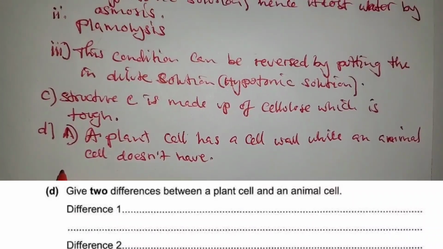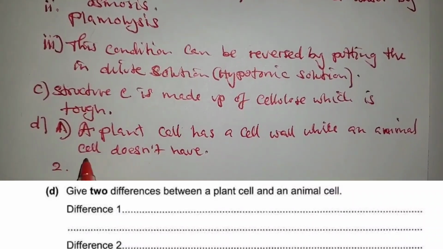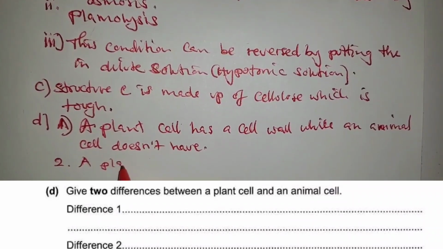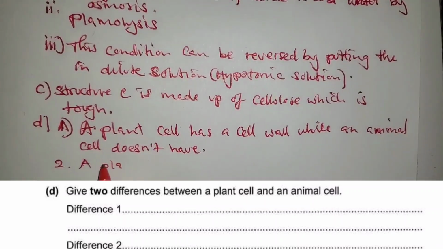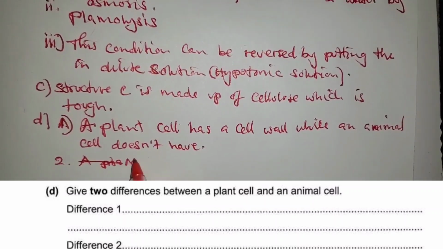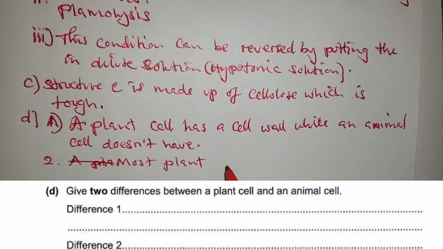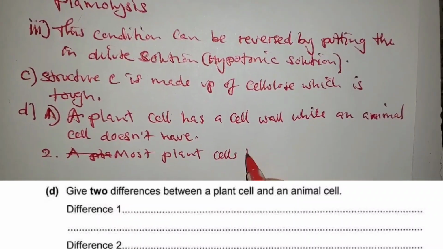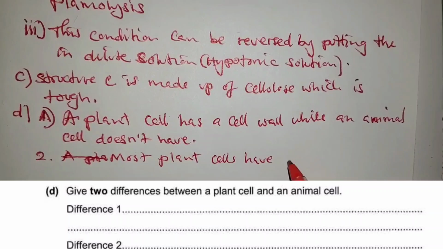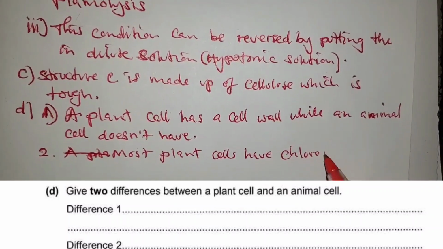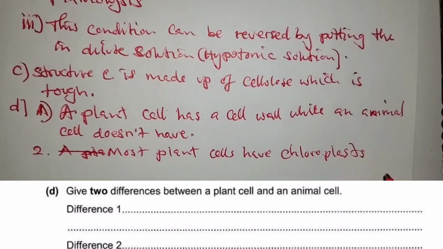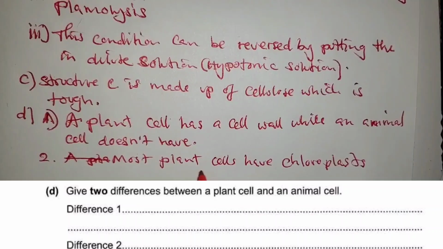Another difference, the second difference, is that a plant cell, or you can say most plant cells, have chloroplasts. Why would you say most?